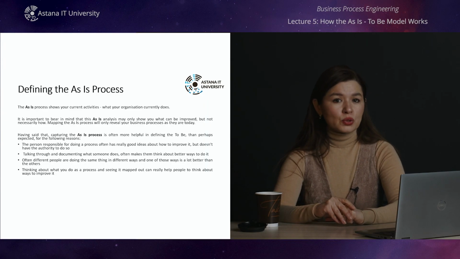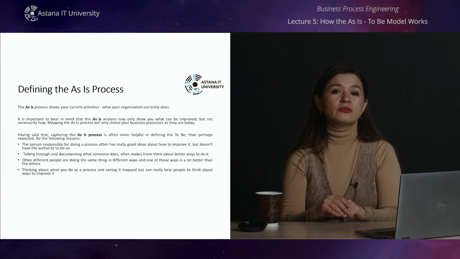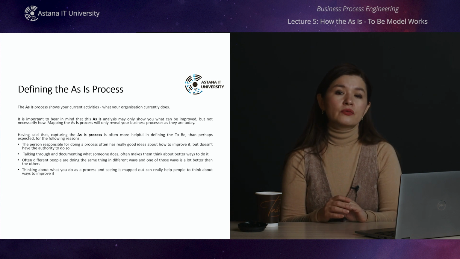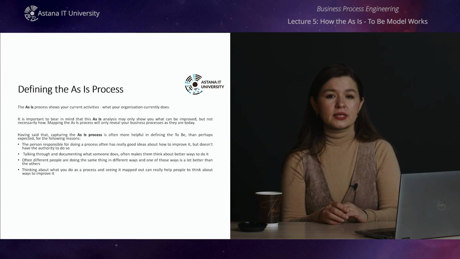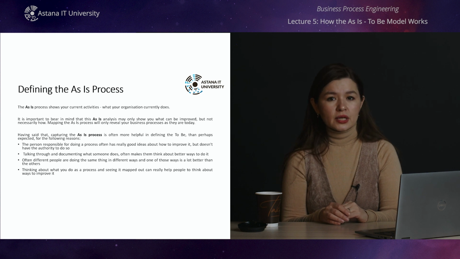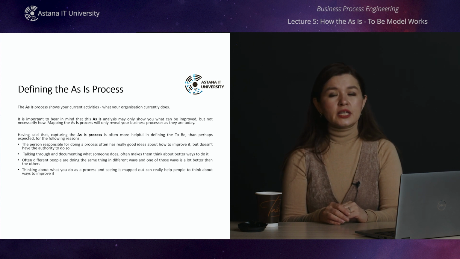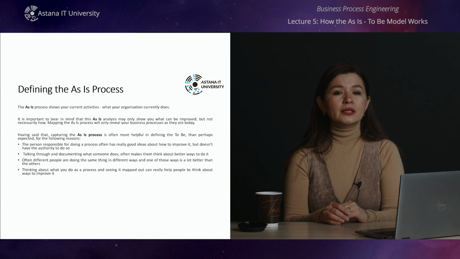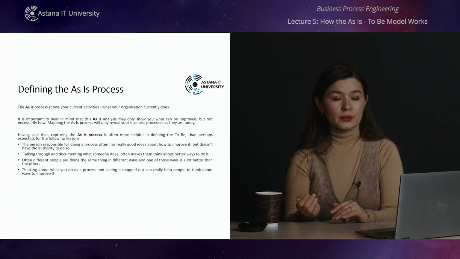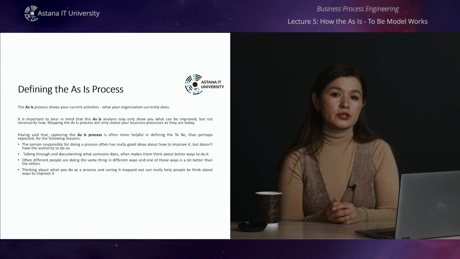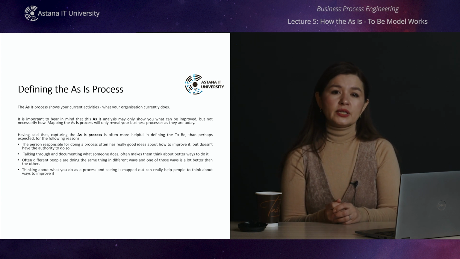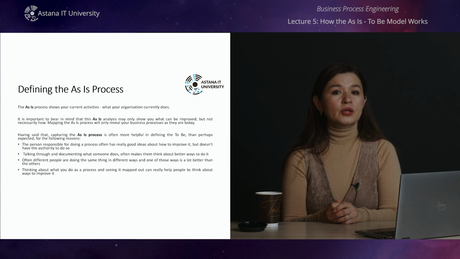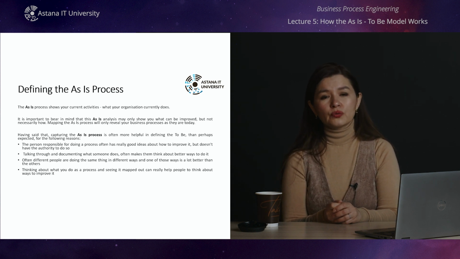Mapping the as-is process involves documenting and visually representing the sequence of steps and interactions that make up the current state of business processes. Several reasons highlight the importance of capturing the as-is processes in defining to-be. Firstly, individuals responsible for executing a specific process often possess valuable insights into how it can be improved.